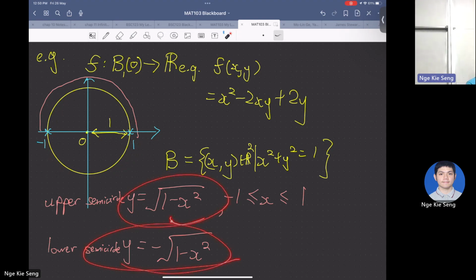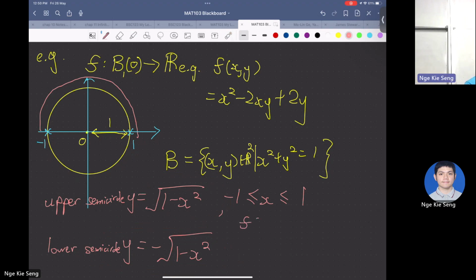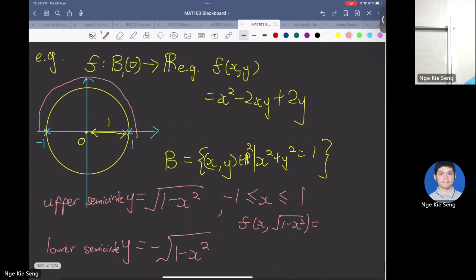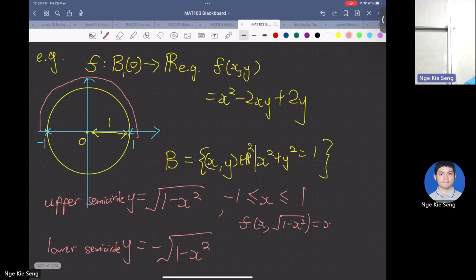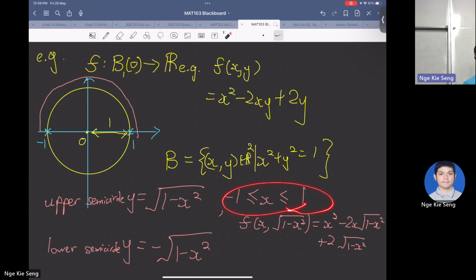If you substitute f of x, square root of 1 minus x squared, it equals x squared minus 2x times this square root function plus 2 times this square root function. Then you need to determine where's the maximum and minimum point for this function within the range of -1 and 1.